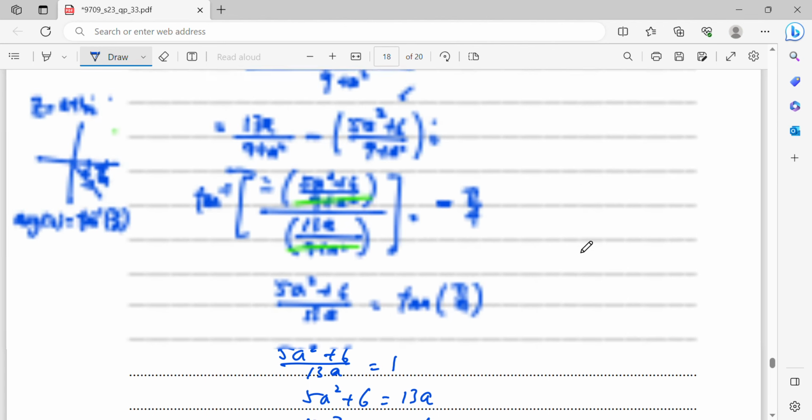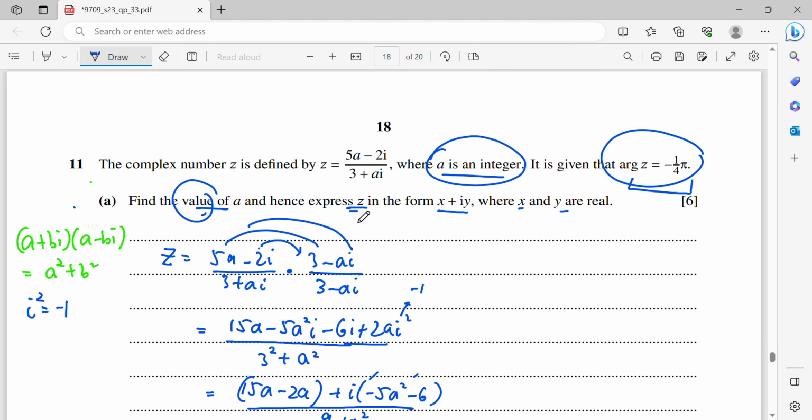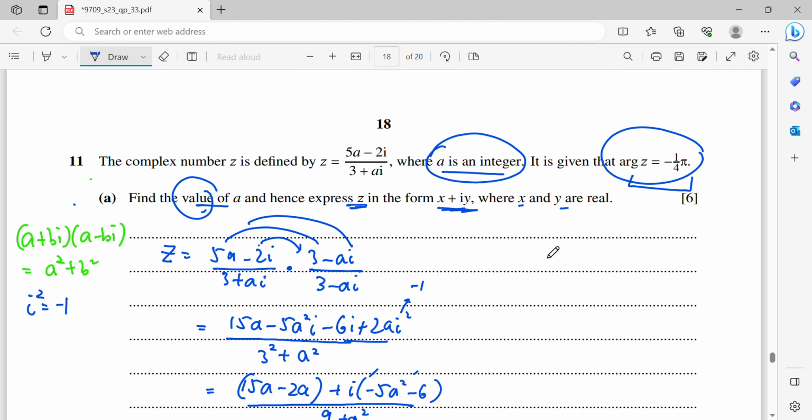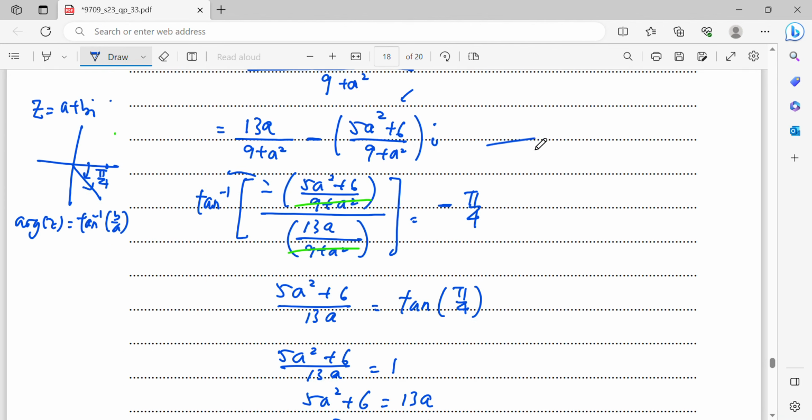Now after you have found a, we need to get the complex number in x plus iy form. So we have solved here. This is our complex number. What to do next is just to replace the a value.